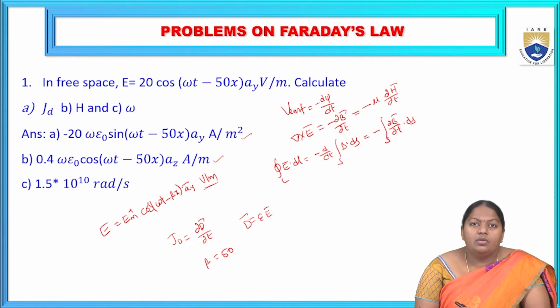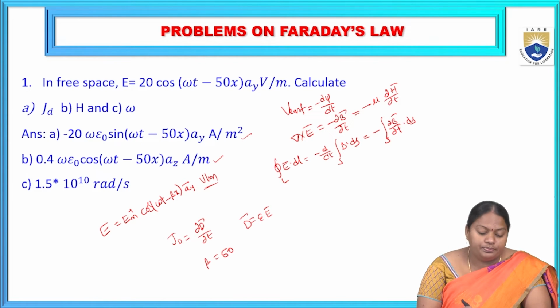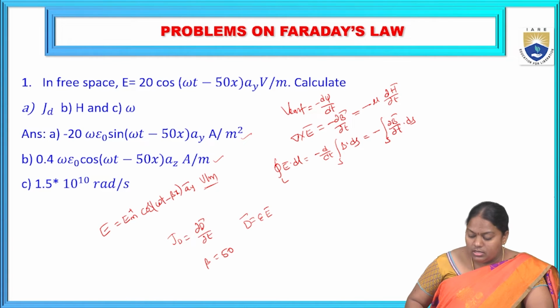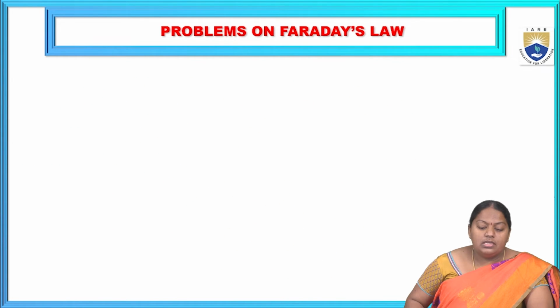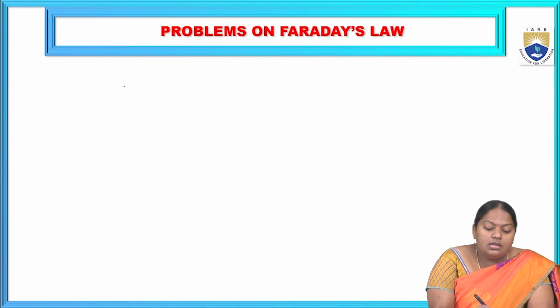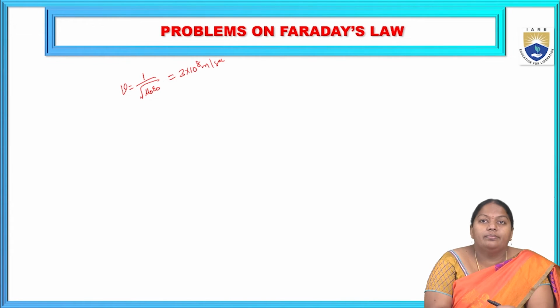Why? Because magnetic field intensity is to be measured in ampere per meter. Now to find the ω value, for a free space medium, the velocity of a wave is given by v = 1/√(μ₀ε₀) = 3 × 10^8 meters per second.